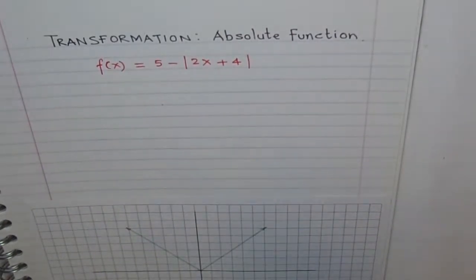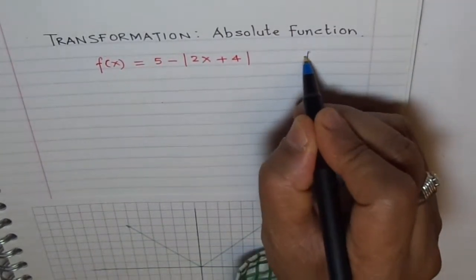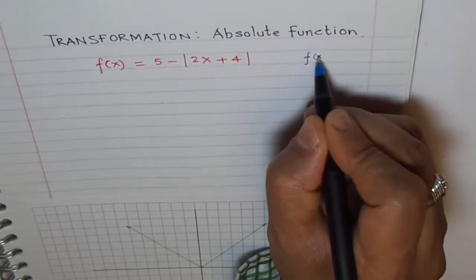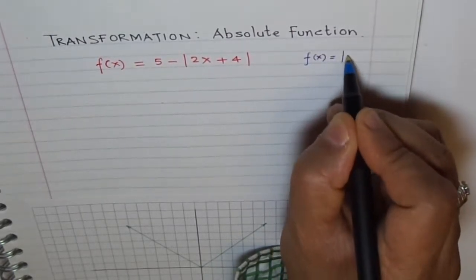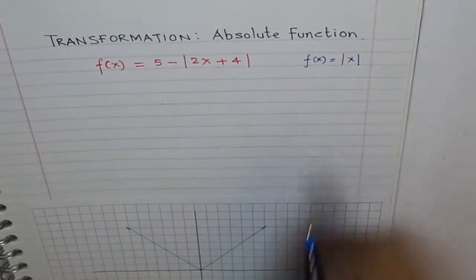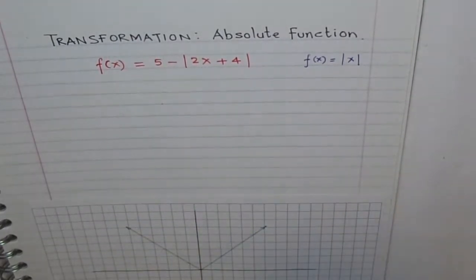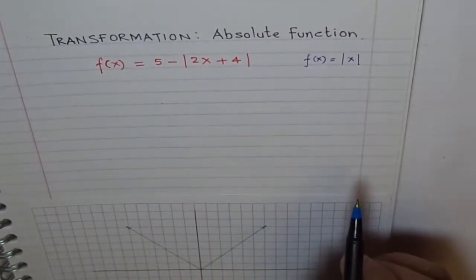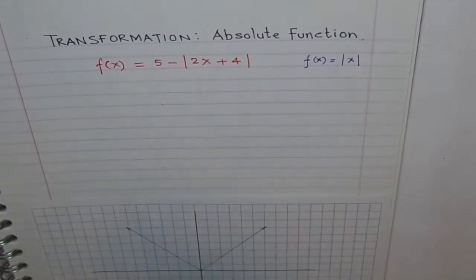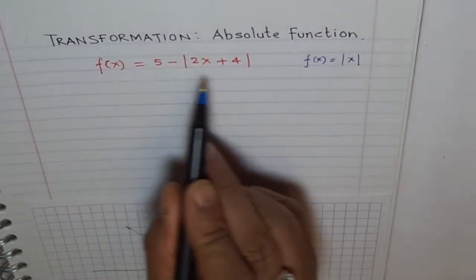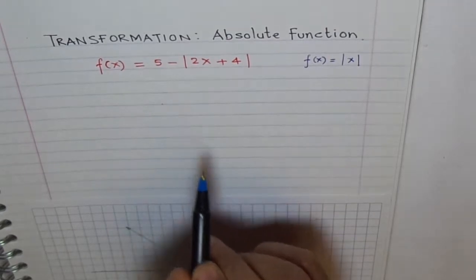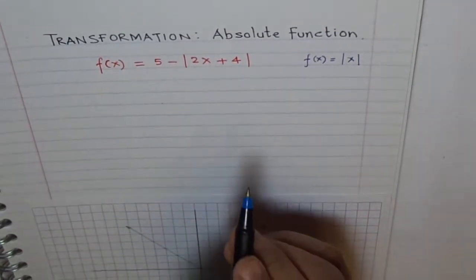Now, we are comparing it as a transformation from our original function f(x) equals absolute x. Now, this is a transformed function. What is the transformation? It's better to reorganize these values so that things become much more clear to us.